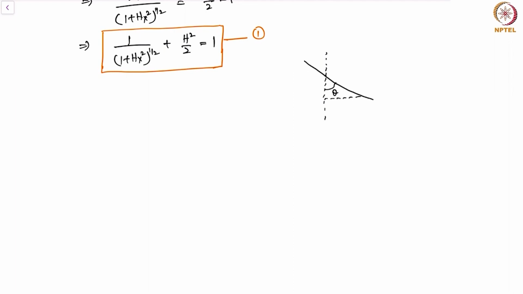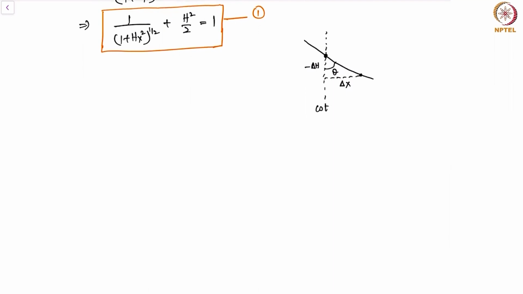So at any arbitrary location here, if I say this is delta x and this is minus delta h, the change in the height of the meniscus between these 2 points, then I have cot of theta will be dh by dx, and therefore that is minus h_x, and therefore I have 1 by (1 plus h_x square) whole power half, which is nothing but 1 by (1 plus cot square of theta) to the power half.